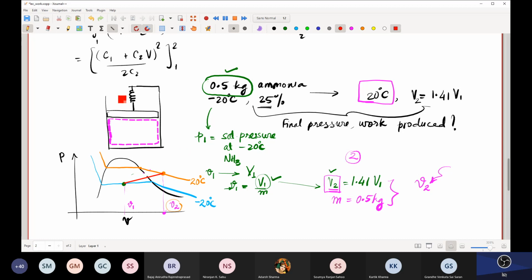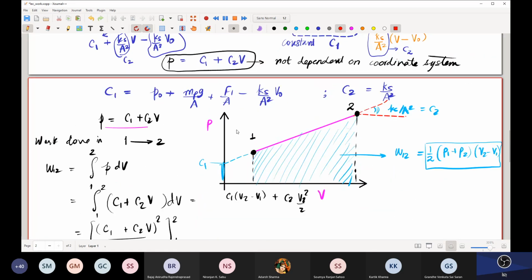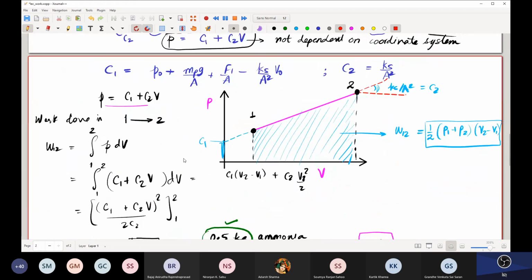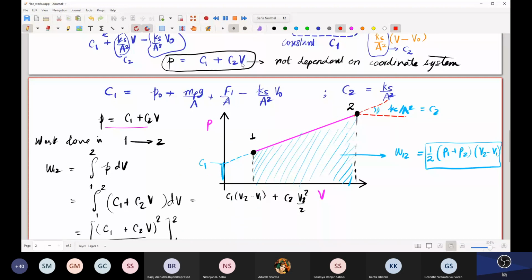Because of this spring in the system, I am going from P1 V1 to P2 V2 along a linear line. How can I say it's a linear line? Because we have just derived that when you have a spring connected to the piston, the pressure will vary linearly with the volume.